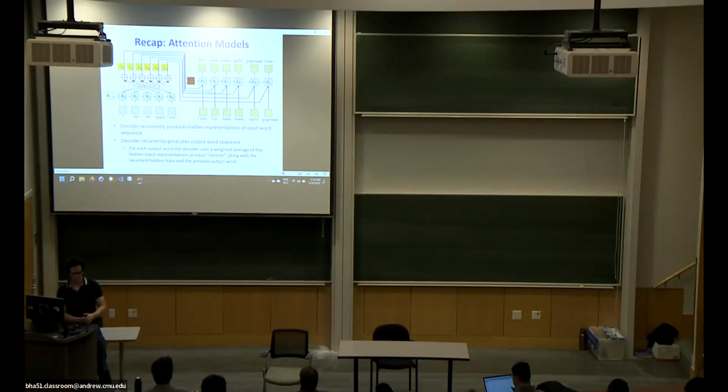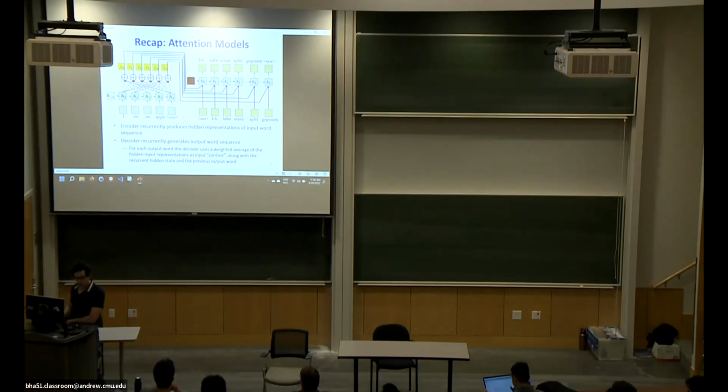So each step in the decoder is going to compute attention scores over all the encoded states, figure out which ones are the most important, and use these weights to do a weighted average of the encoded states, and use that as the context that you feed to the decoder.